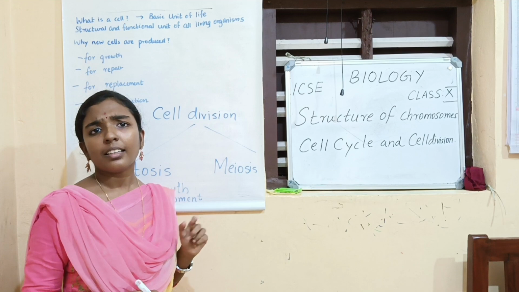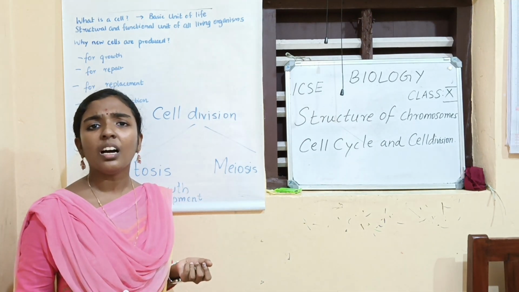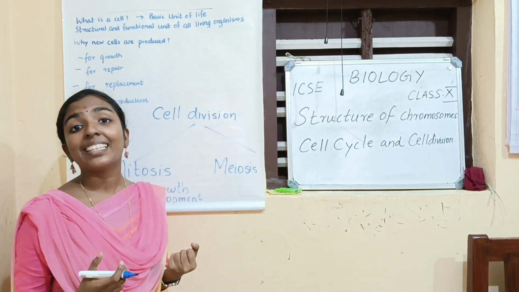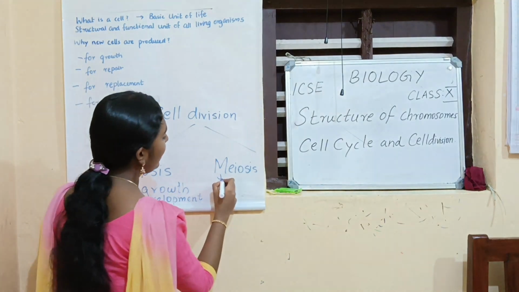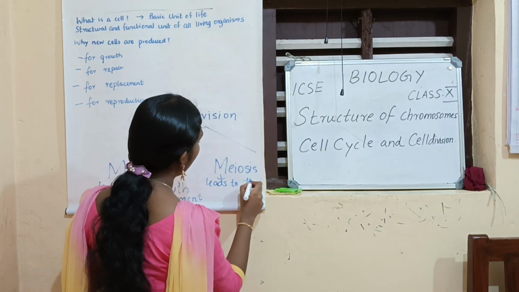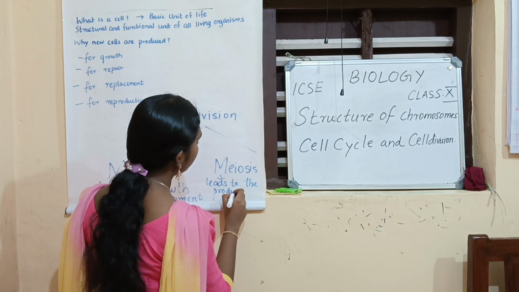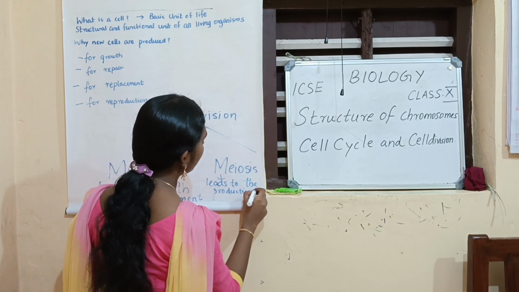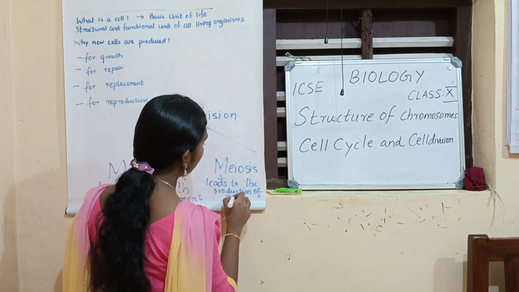Meiosis: this cell division leads to the production of gametes.